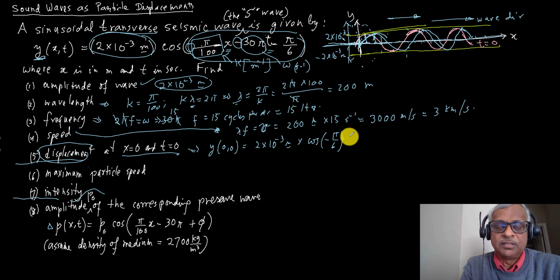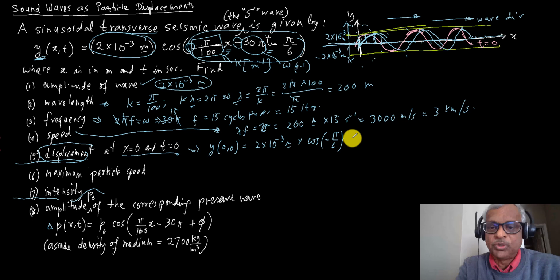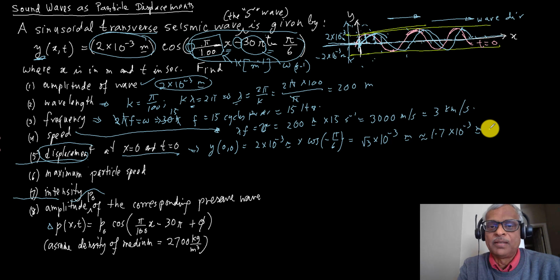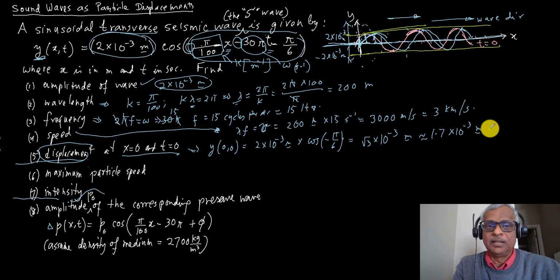The cosine of 30 degrees is square root of 3 over 2. So this is going to be square root of 3 times 10 to the minus 3 meter. And square root of 3 is close to 1.7, so 1.7 times 10 to the power minus 3 meter. Okay, this looks pretty good.